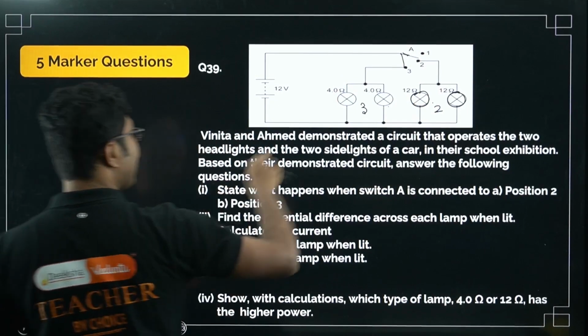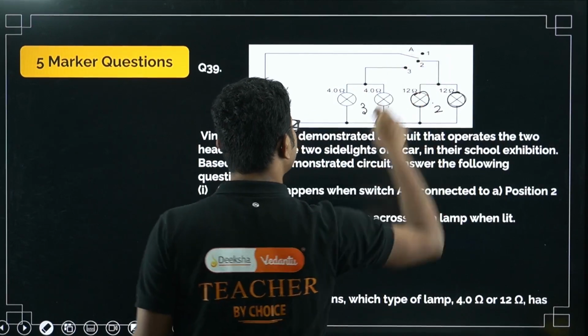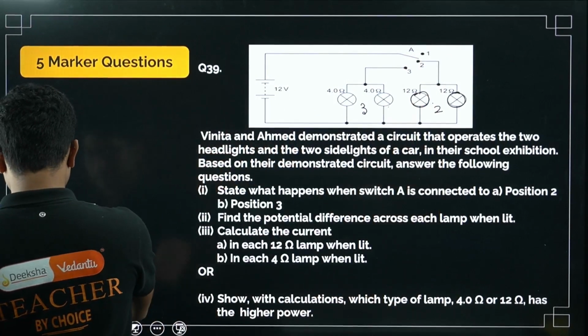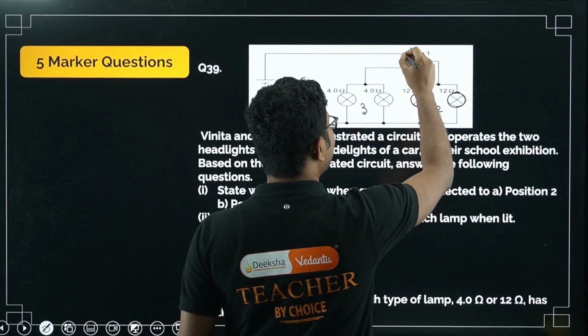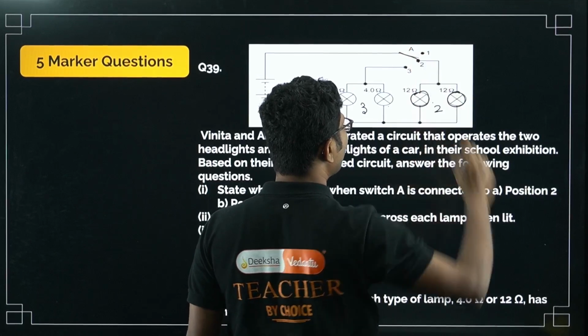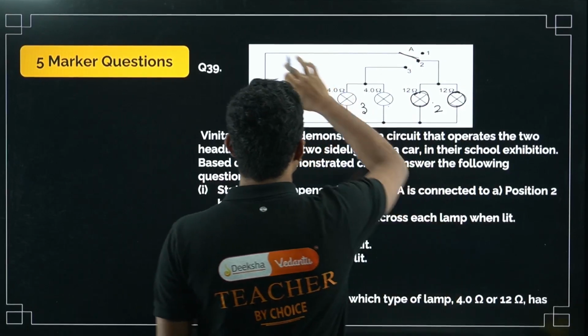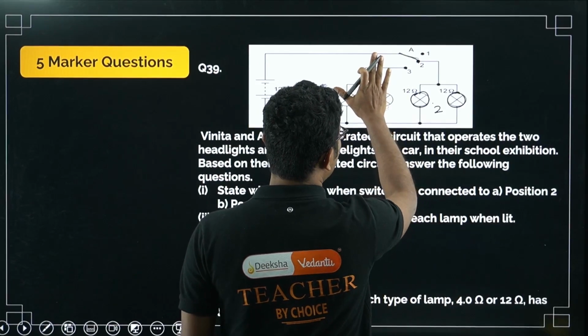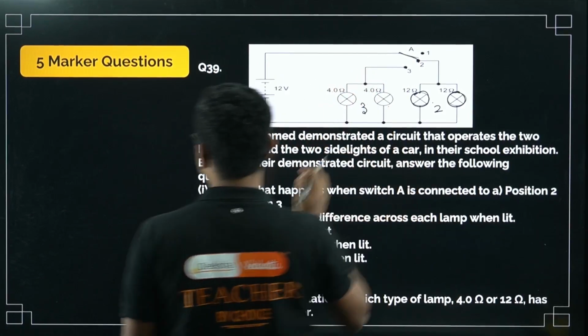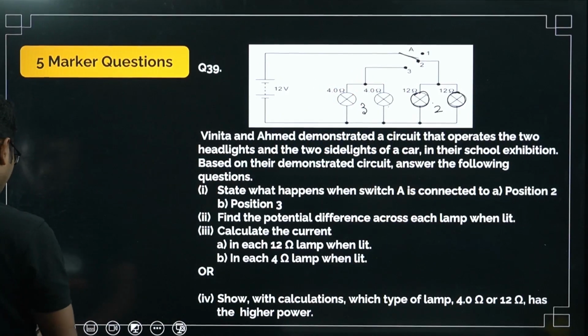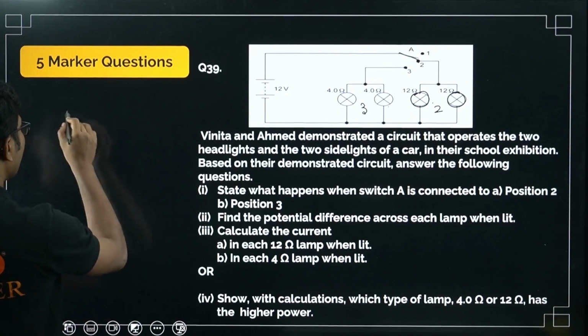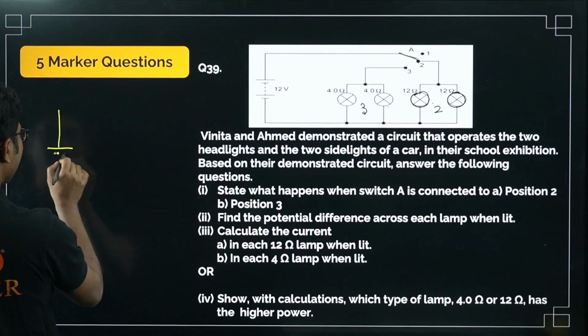Maybe it appears to be difficult, actually it is easy. Suppose first we have connected this switch to point number 2. So in this case, you can ignore this part. So basically you can say, okay, what does the circuit look like? There is a battery, I am drawing the simple battery.